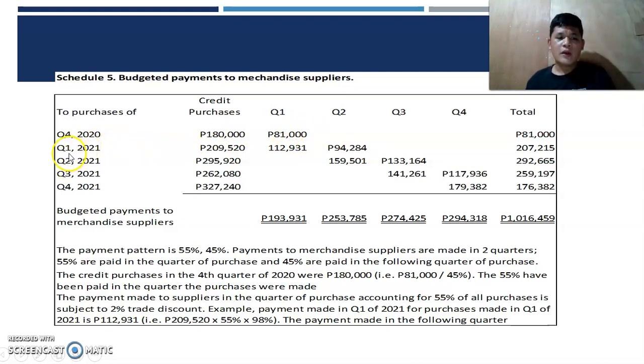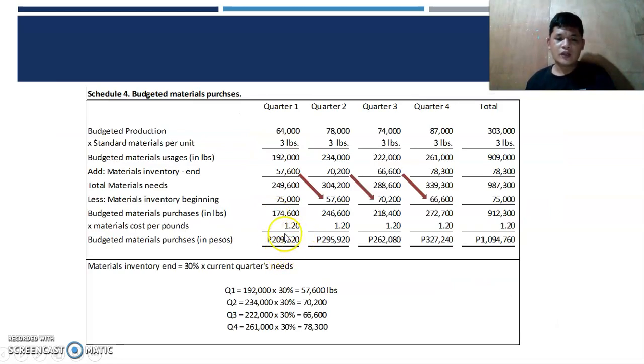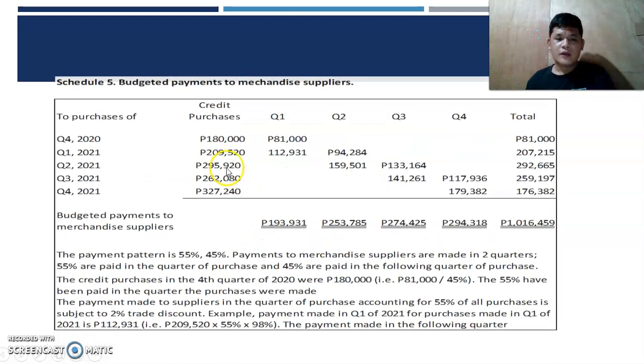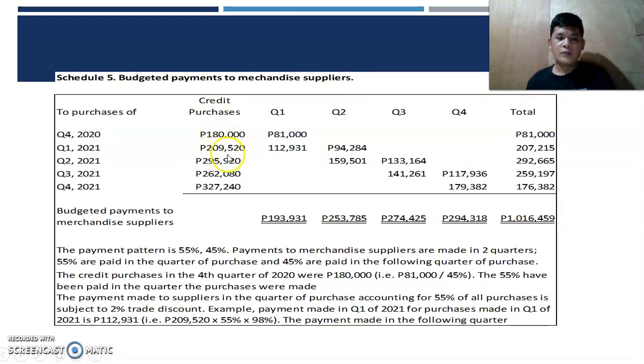So, next, for the quarter 1 of 2021, so, ito na class yung, di ba? Ito yung purchases natin, which is na-compute natin kanina. 209,520. Dito class, 209,520. So, ito yung credit purchases natin. Ito yung mga purchases natin na utang. So, syempre, ang kumpanya daw, the payment pattern is 55% and 45%.